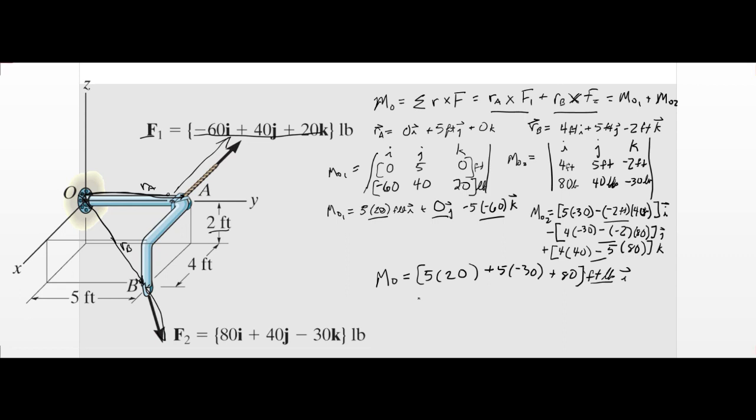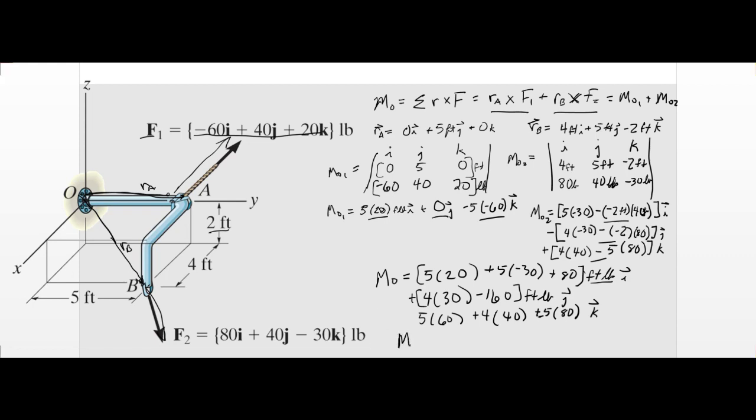And then plus 4 times 30 minus 160 foot-pounds in the J. And then finally we have the K-axis. 5 times 60 plus 4 times 40 plus 5, minus 5 times 80 in the K-axis.